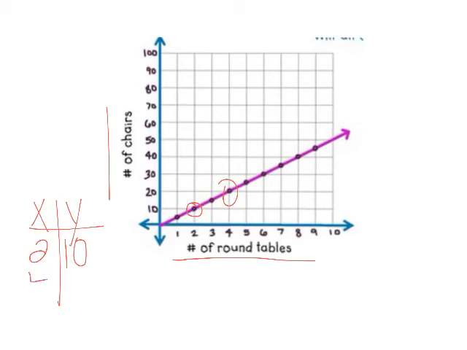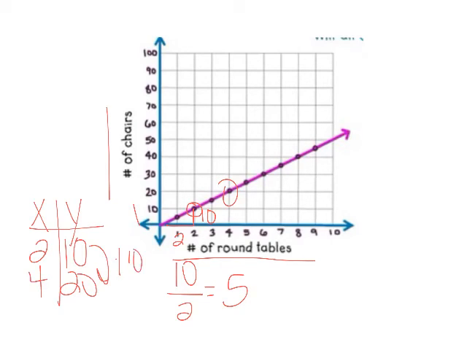At 4 tables, we have 20 chairs. If we were to find the slope here, we went over 2, we went up 10. What's 10 over 2? That's 5.